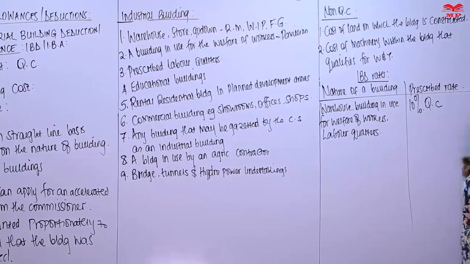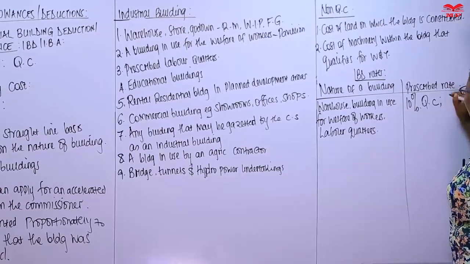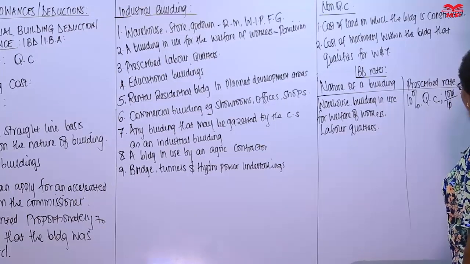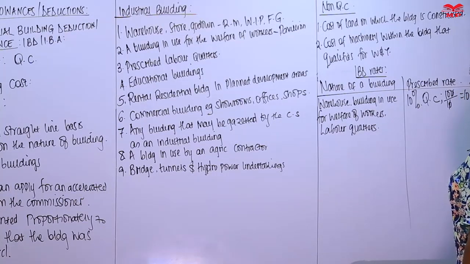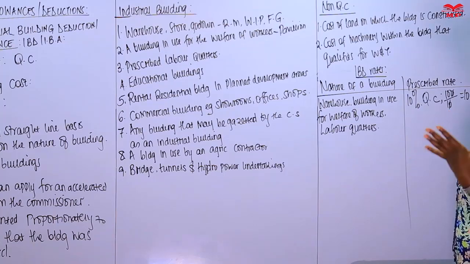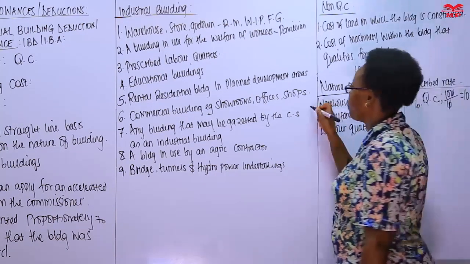So the time it will take us will be 100% divided by 10, which is 10 years. You count the first year of use of, for example, the labor quarters. You claim the first year, second, third, fourth, like that, up to the 10th year. So that is the first one.